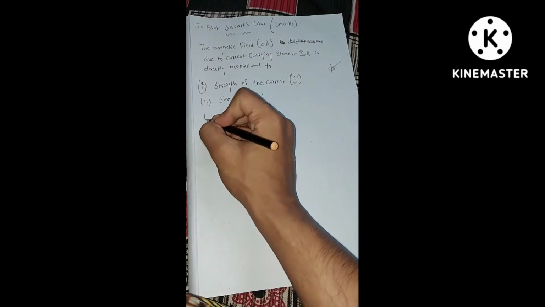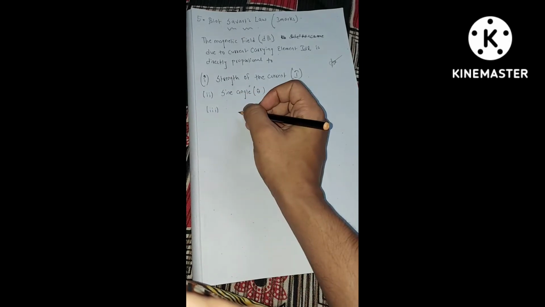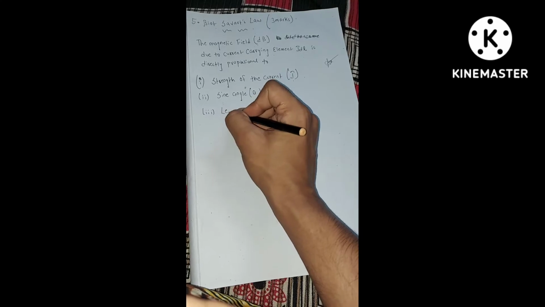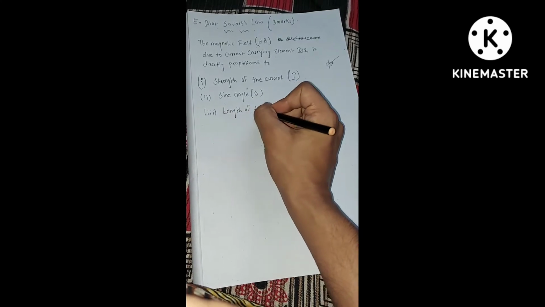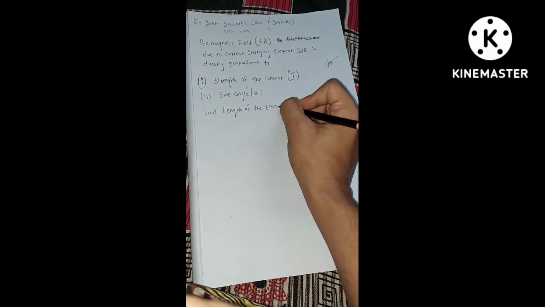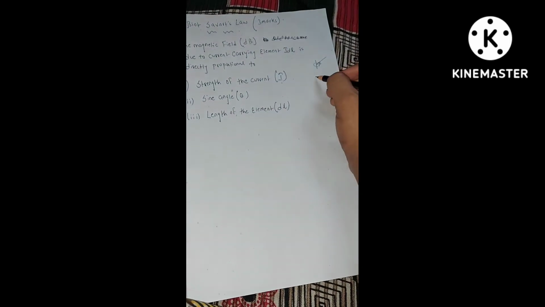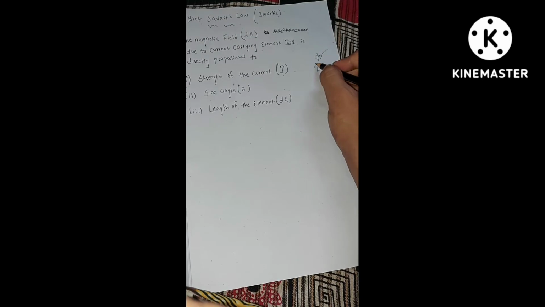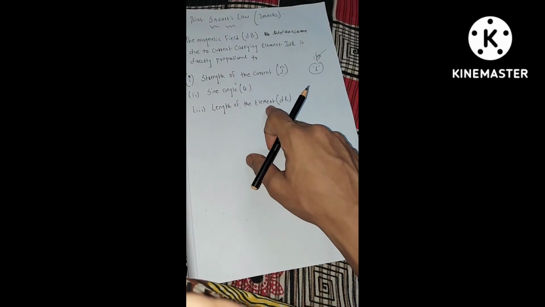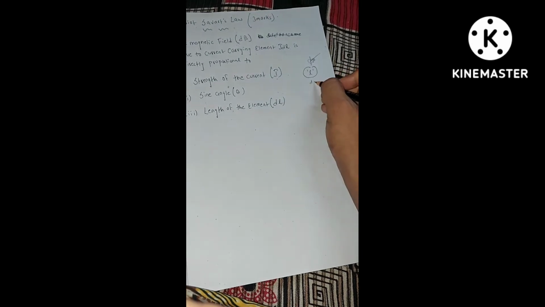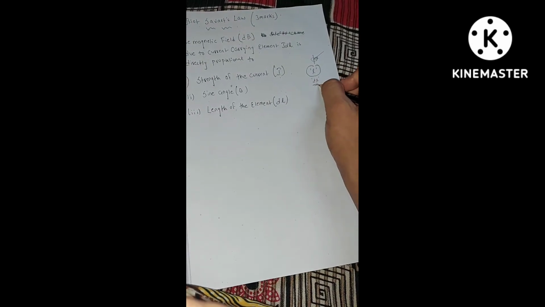Next, it is directly proportional to the length of the element, that is denoted as dl. We can write it as L also, but we want to find expressions and derivatives, so it is better to write it as dl, that is why it is denoted as dl, in derivative form.